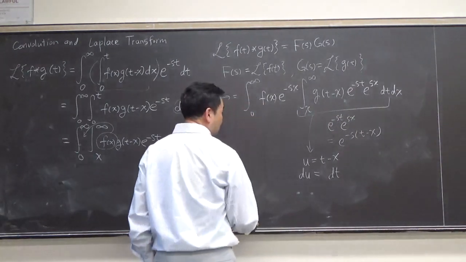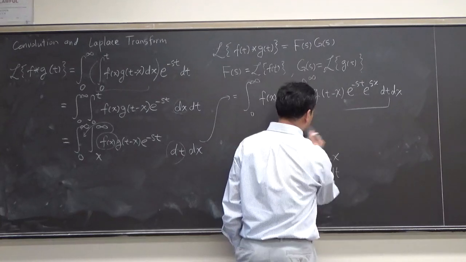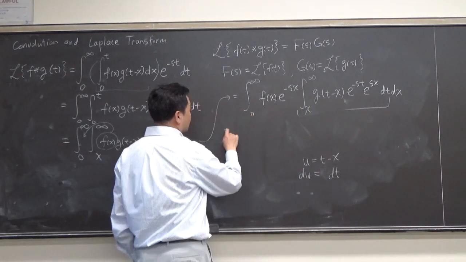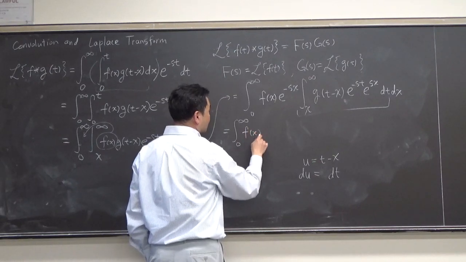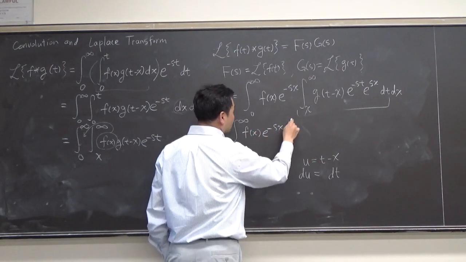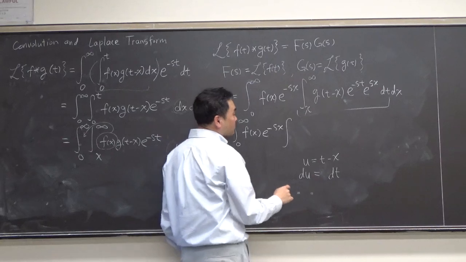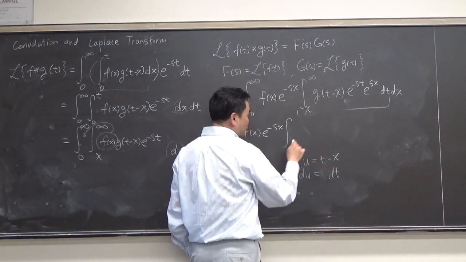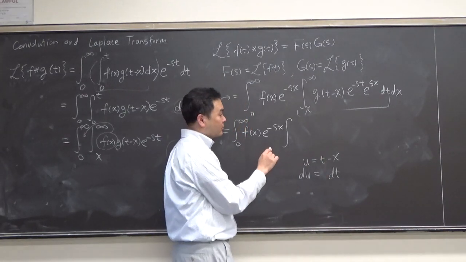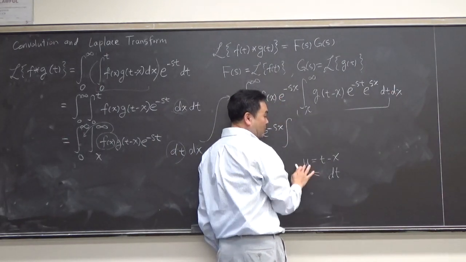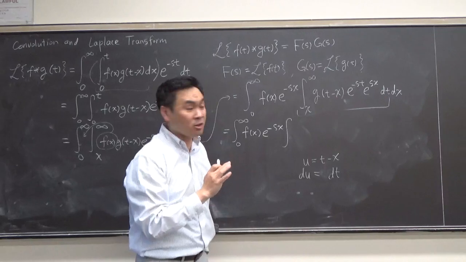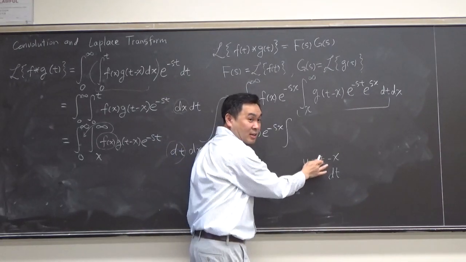Let's see what that integral will give us. So what we have is the integral from 0 to infinity of f of x e to the negative sx. Another thing: if t is x, what's u? When t becomes x, what's the value of u? 0, because if t is x, x minus x is 0.